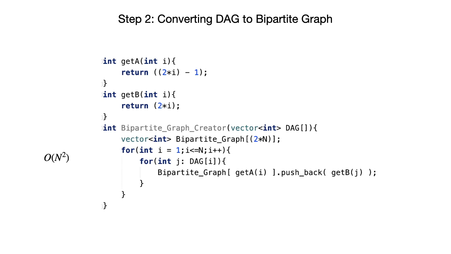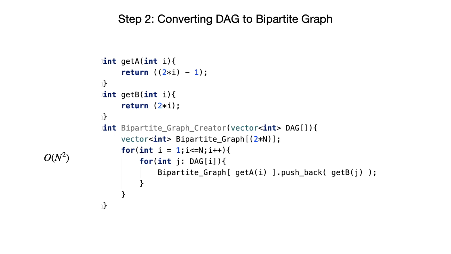We iterate a variable I from 1 to n and a variable j over all of the edges of I. So for each edge in the directed acyclic graph from I to j, we push an edge from IA to JB in the bipartite graph. And therefore, this is an order of n squared algorithm since we're iterating over all elements in the directed acyclic graph, which are n elements, and inside that we're iterating over all edges of each element, and there can be n edges in each element, so there can be order of n squared iterations.